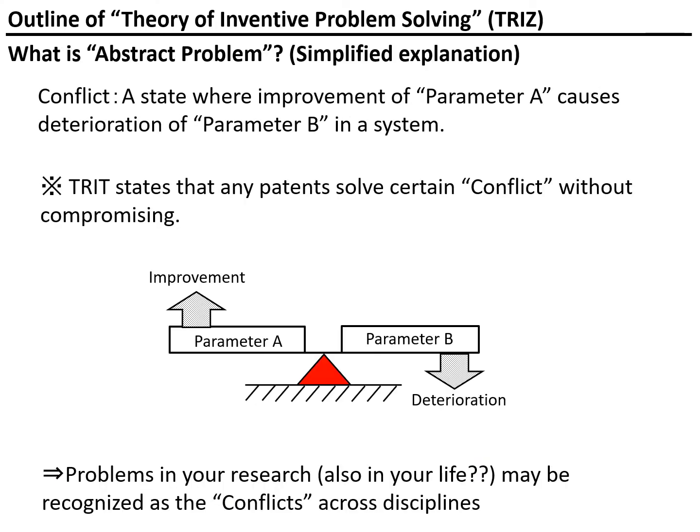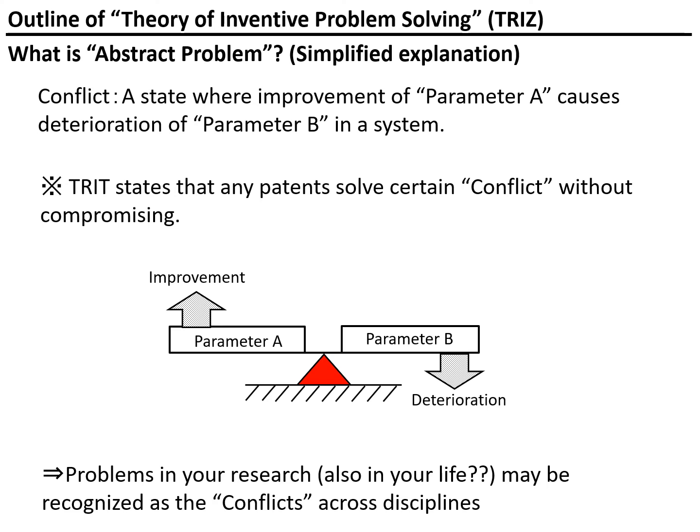So let me explain a little bit about what is abstract problem. This is a very simplified explanation. Although we often use the word problem, many of us probably do not clearly know what a problem is. So this is a definition made by TRIZ methodology. I strongly agree with this idea as a definition of problem.